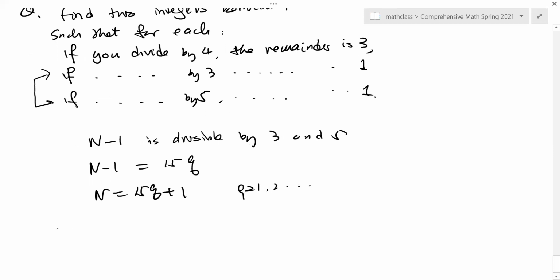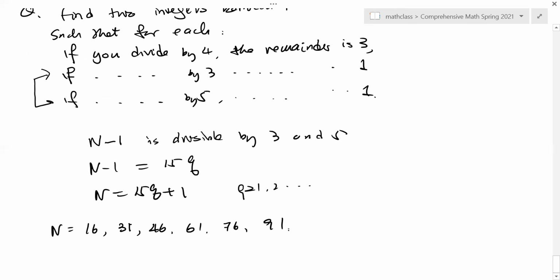So if you list them, n is going to be 16, 30 plus 1 is 31, 46, 61, 76, 91. Otherwise, it's larger than 100.